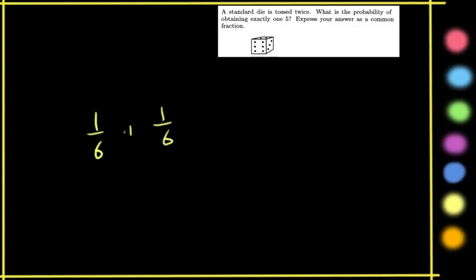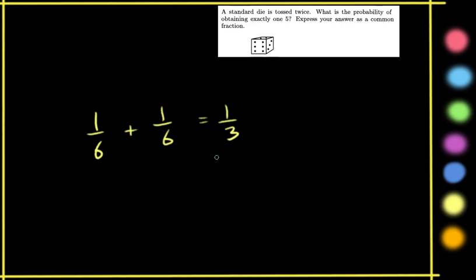So maybe I can add those two probabilities, and that will give me a 1/3 chance that one of them will be a 5. There's two problems with that. First of all, these two events are not mutually exclusive. You can get 5 on both die rolls, and so you can't just add the two probabilities.